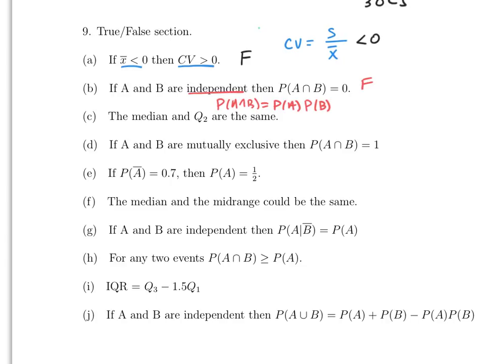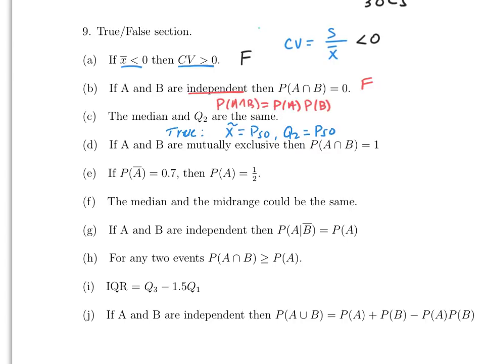Part C, the median and Q2 are the same. This is true. Why? Because remember, the median is P50 and Q2 is also P50, so they are the same, so that's why it's true.